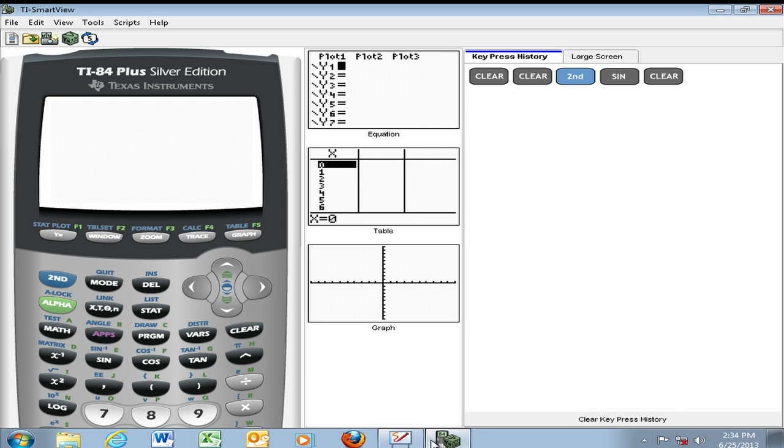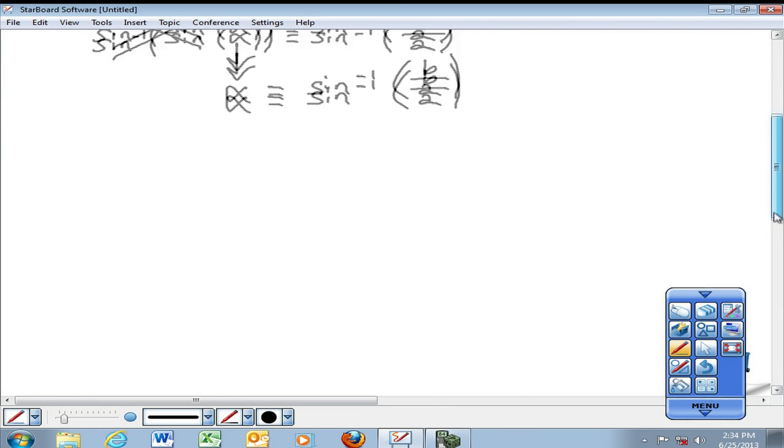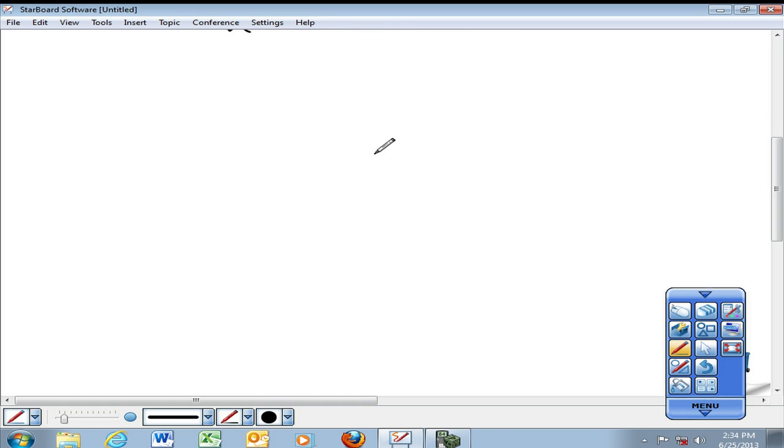All right, with that said, let me clear that and let's jump into an actual problem. What we're going to do is utilize our different arc functions, our arcsine, arctangent, and arccosine. A typical problem that you would encounter is one where you would say, I think I've got to whip out these crazy arcsine or inverse sine functions.